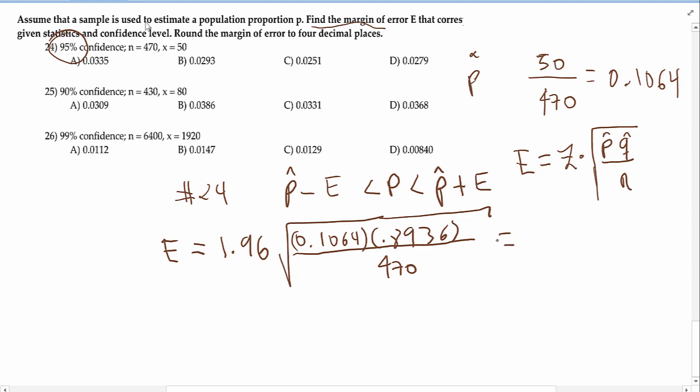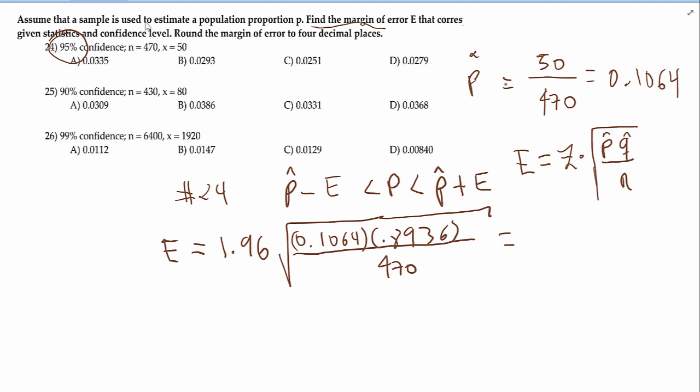In this particular case, we didn't need to calculate the proportion of the sample, but just in case we need it, let's do this calculation. 0.1064 times 0.8936 divided by 470.